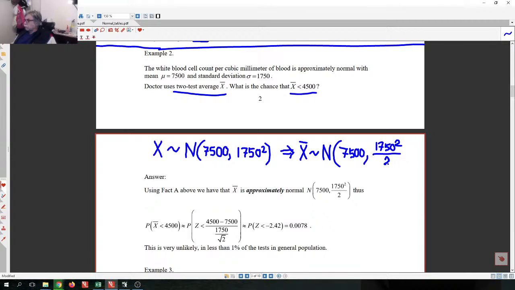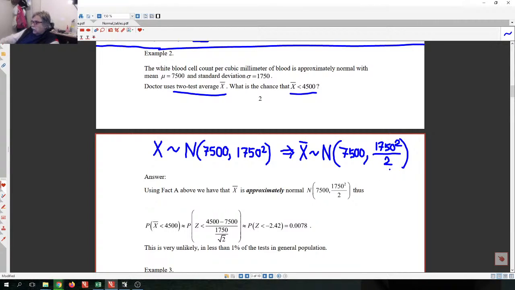So the variance of X bar is 2 times smaller than the variance of the original. X is a single white blood cell count. X bar is the average of 2. So therefore the variance is going to be 2 times smaller. Okay, that's all there is to it. We only need to know this part here.